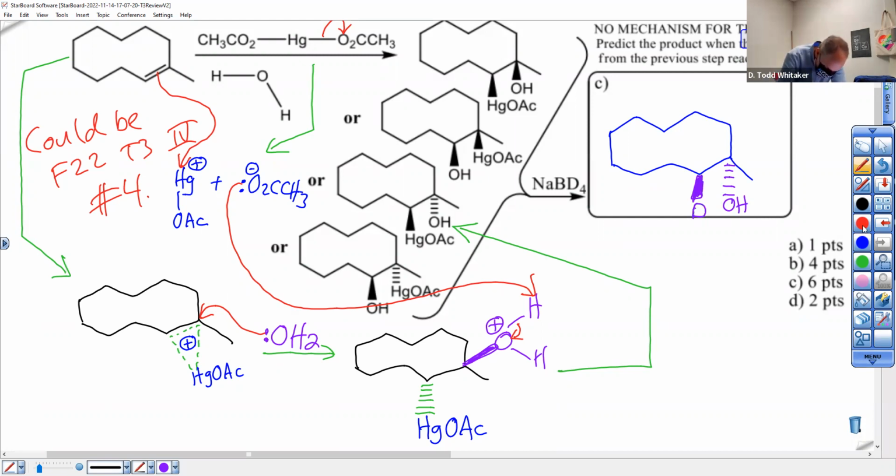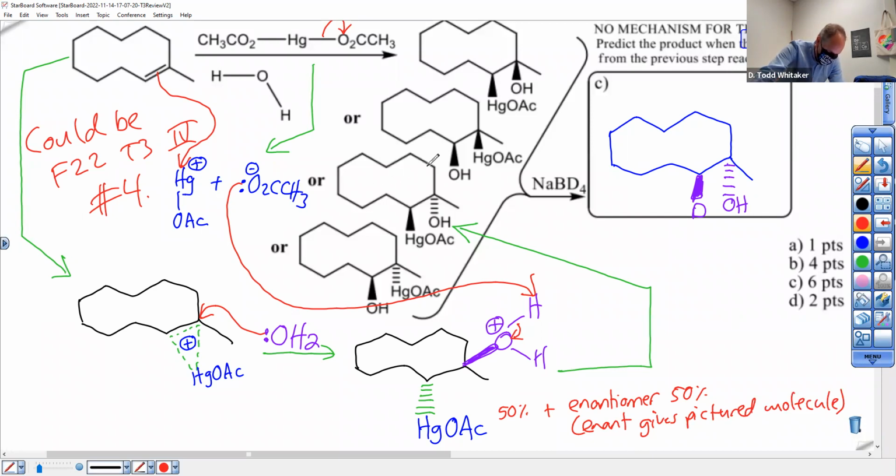And down here, I'm just going to say 50% plus 50% enantiomer gives pictured molecule.